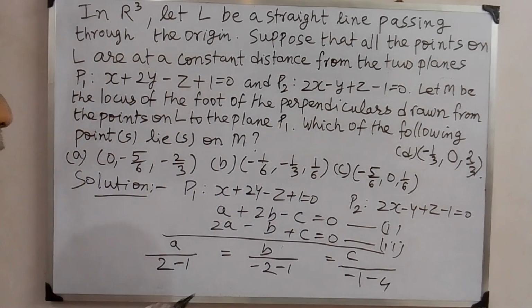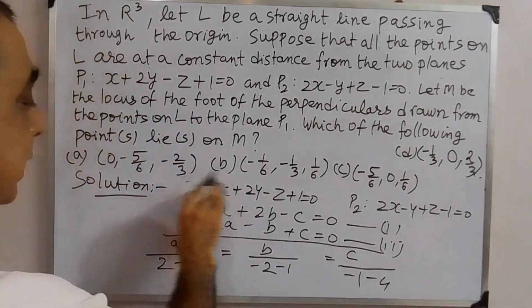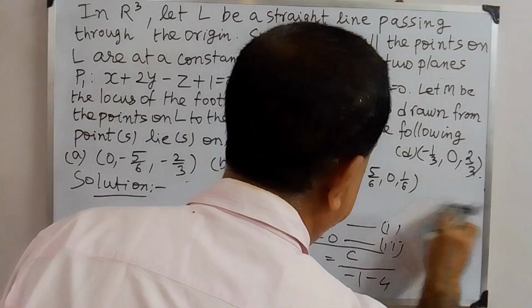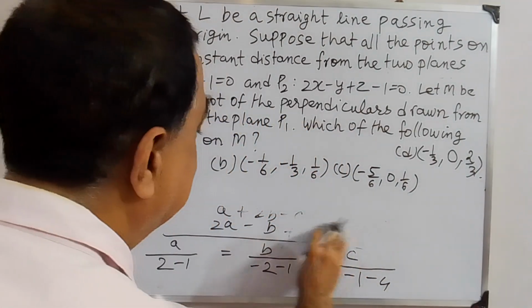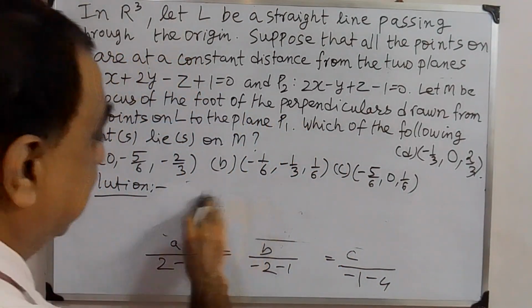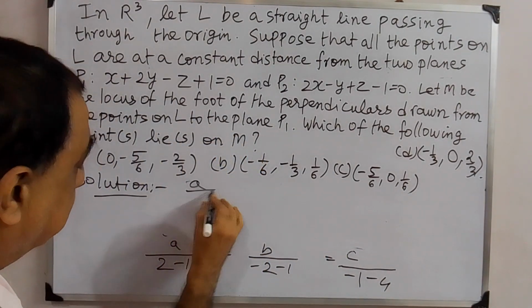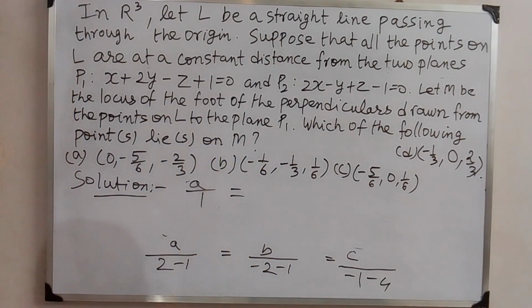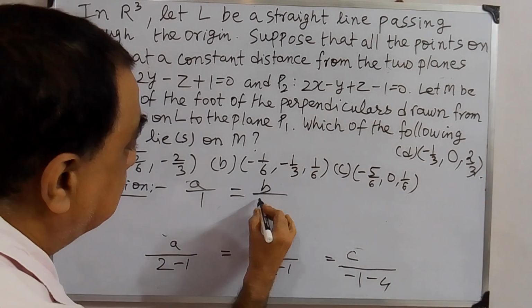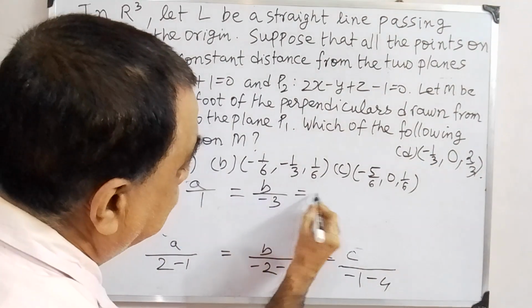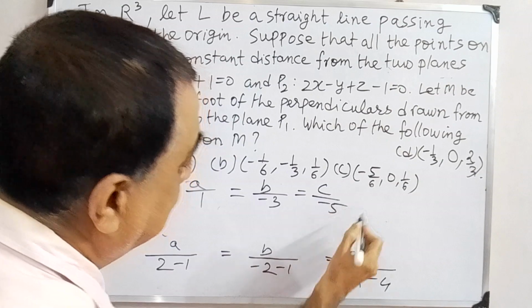So from here we are getting A by 1 (2 minus 1 is 1), B by minus 3, is equal to C by minus 5.